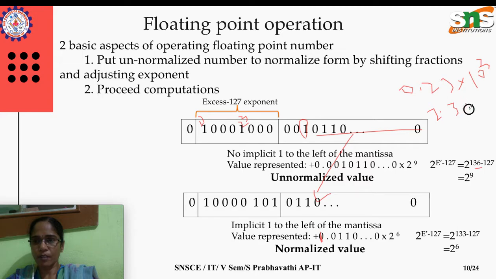We are bringing one digit towards the left of the decimal, so the exponent gets adjusted. Here now the exponent will become 10 power 2, is it not?